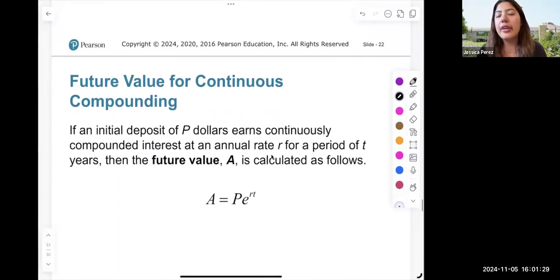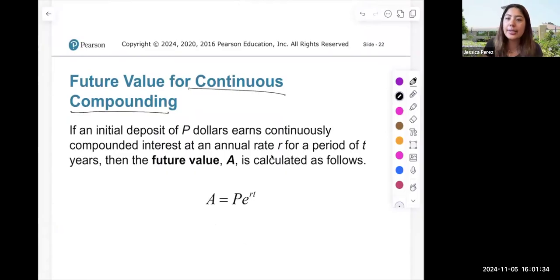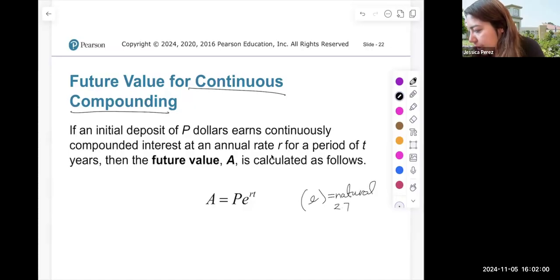So we have future values for continuous compound. If an initial deposit of P dollars earns continuously compounded interest at the annual rate of R for a period of T years, then the future value A is calculated as A equals P e raised to the RT. e is a natural number, a transcendental number, 2.718, and so on.